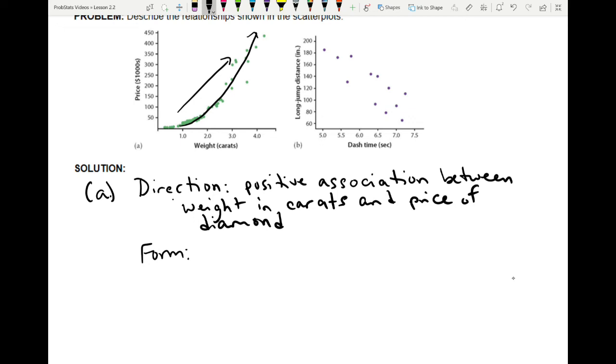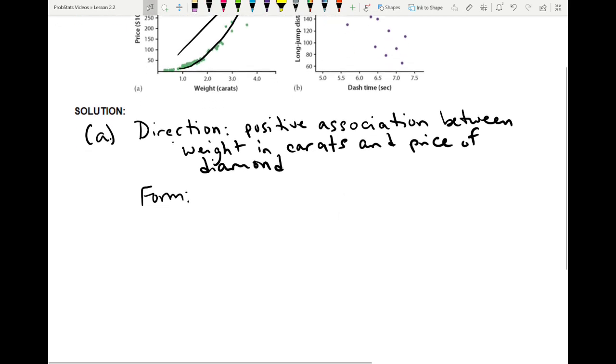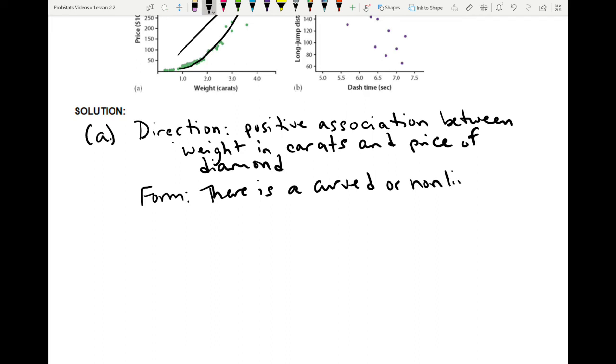A 4 carat diamond is going to be priced way higher than, say, a 1 carat diamond, and it's not going to be linear either. It's going to blow up exponentially because they're rare to find. Okay, so form: we said that there is a curved or nonlinear pattern.